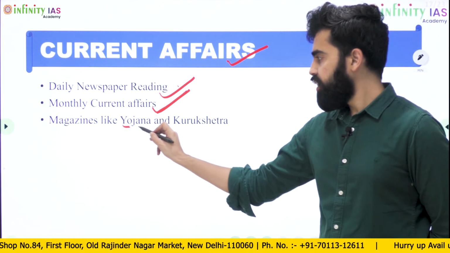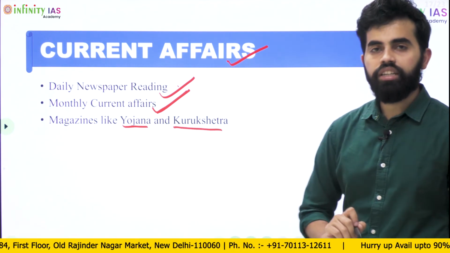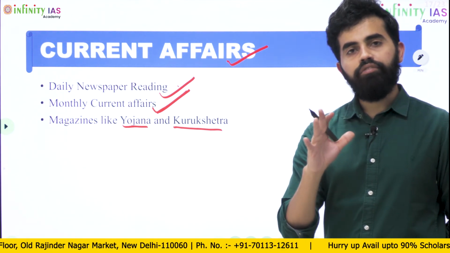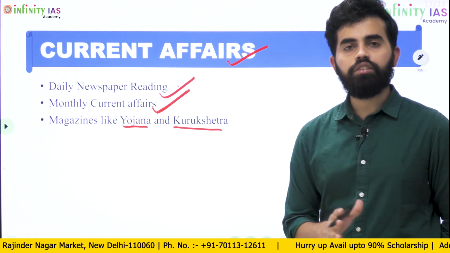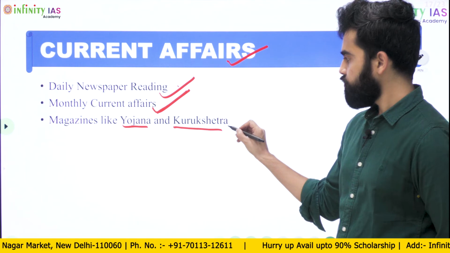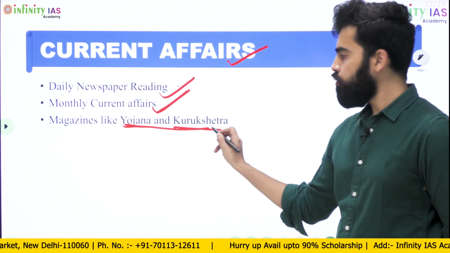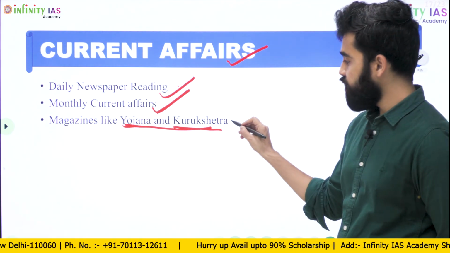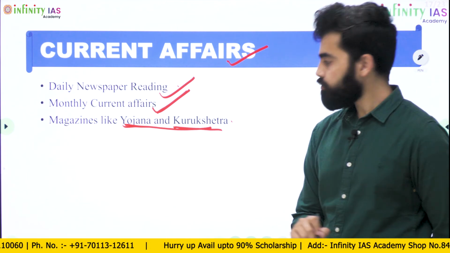Apart from that, we can read Yojana and Kurukshetra, which are monthly magazines that focus on one single topic. These improve our knowledge and also our understanding of various topics.